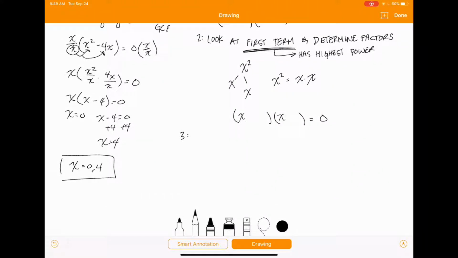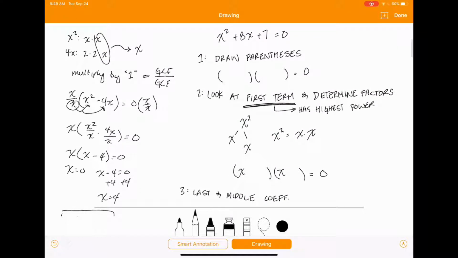Next thing you want to do is focus in on the last and middle coefficient. In our case, we're looking at this 8 here and this 7 here. Your last term is always going to be the one without the variable.